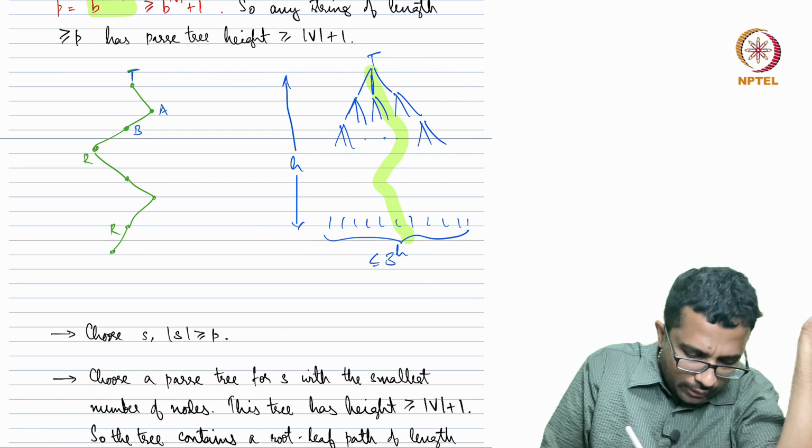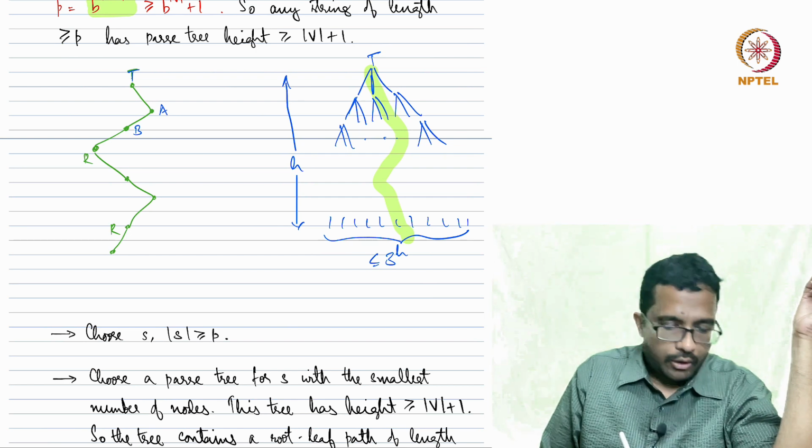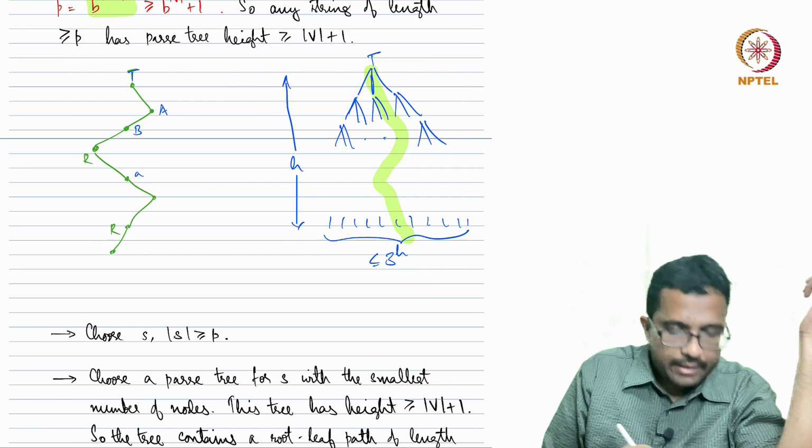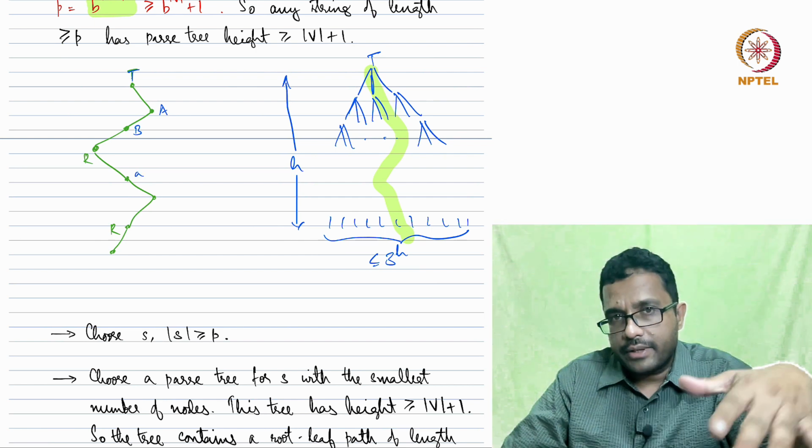But you notice that all these intermediate symbols are going to be variables, because if you get a terminal, let's say small a, then the small a cannot derive anything more. So it stops there.